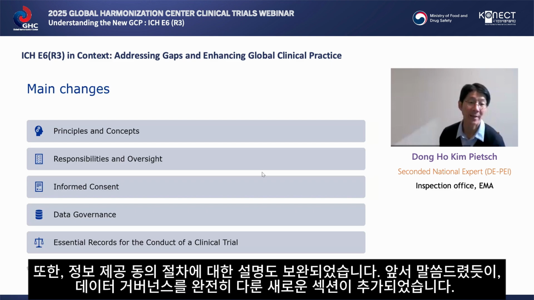We added clarification to the informed consent process. And as I already said, there's a completely new section on data governance.